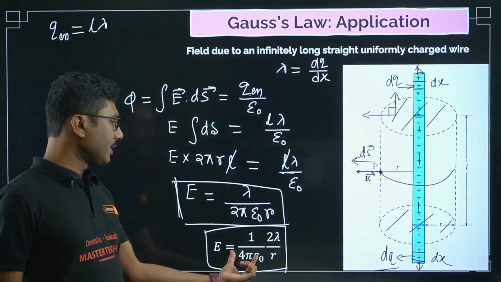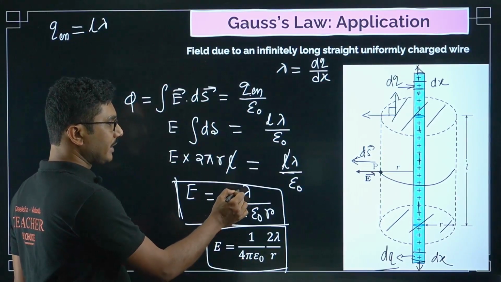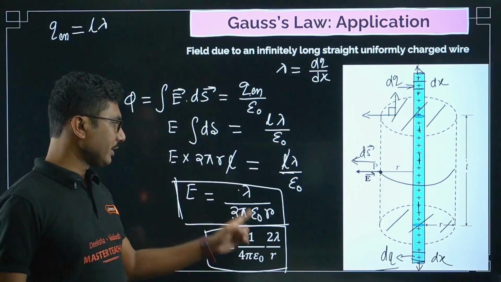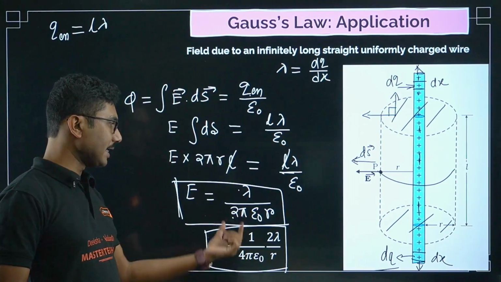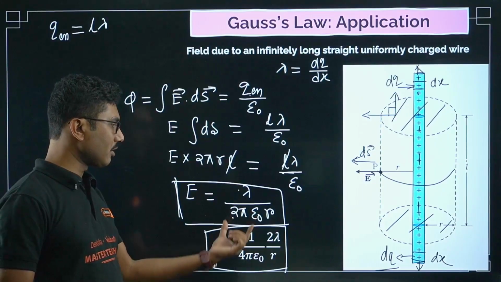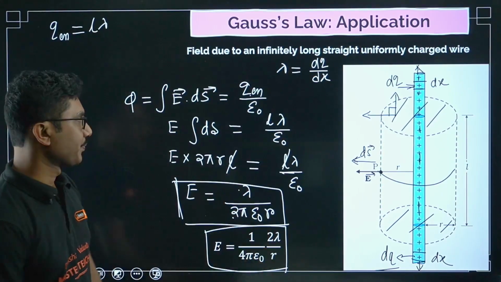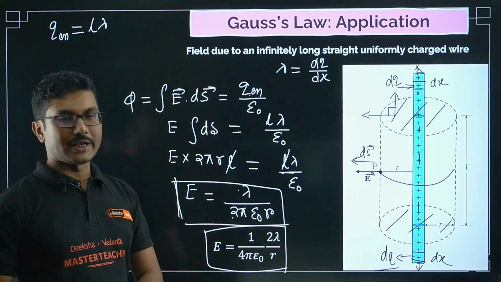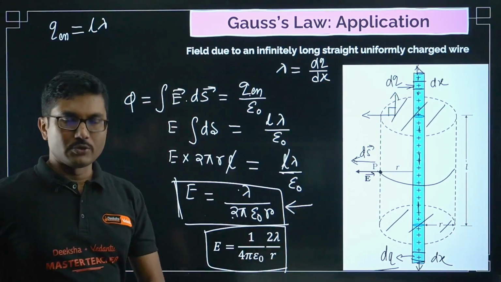That's why I kept it 4 pi. So basically I have multiplied 2 in the denominator as well as in the numerator. That's why you see a 2 lambda over here, and I just rearranged it. So 1 by 4 pi epsilon naught here and 2 lambda by r over here. This is just a style of writing.